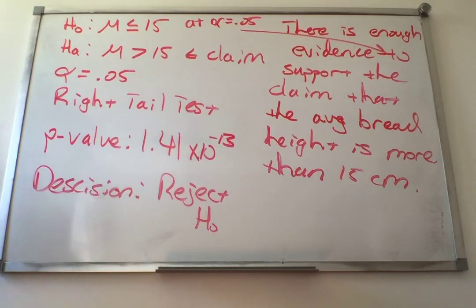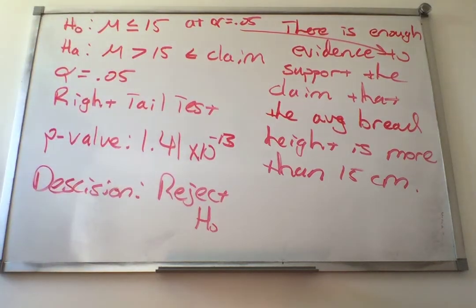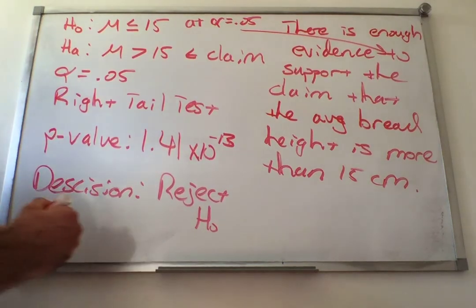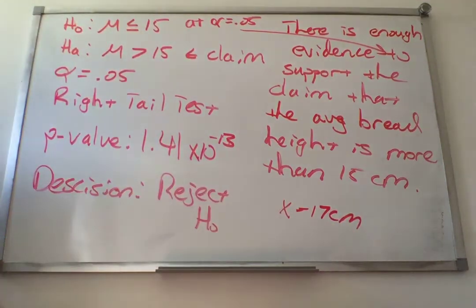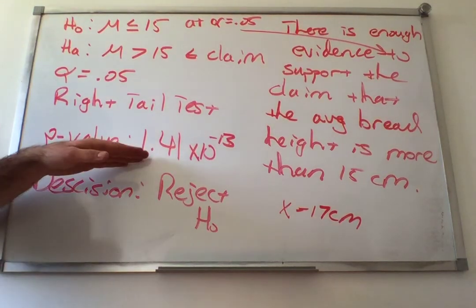What if we get a p-value of 10%, 0.1? Then 0.1 is definitely greater than 0.05, then we would not reject this, okay? We could have made a type 1 error when, remember, our sample mean came out to be 17 centimeters. That's really high for our average because he said it's more than 15. Now, this could be a type 1 error.